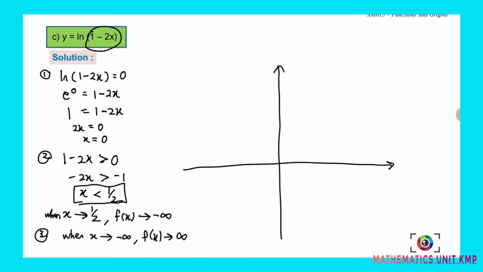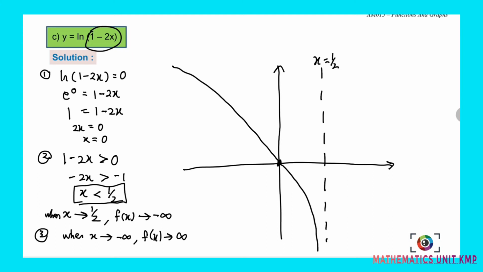Okay, x equals to 0 here, x equals to 1 over 2. So when x approaching to half, f(x) to negative infinity. When x approaching to negative infinity, f(x) to positive infinity. It's like that.